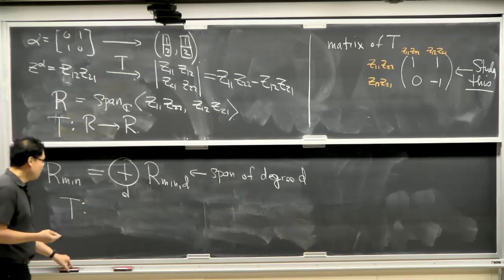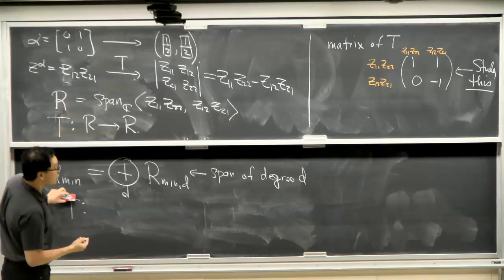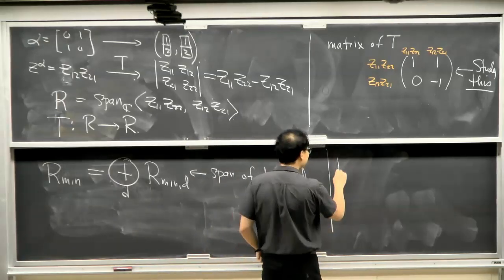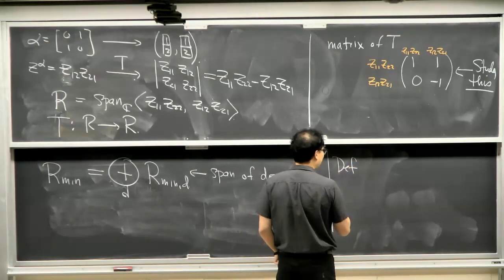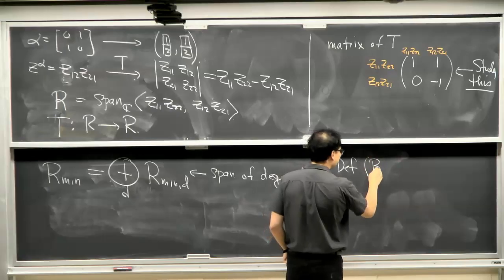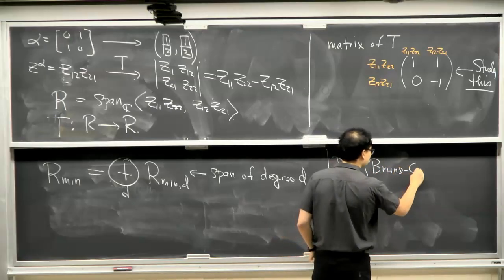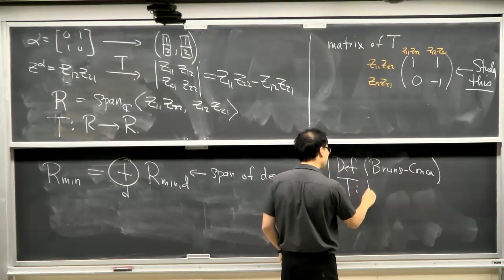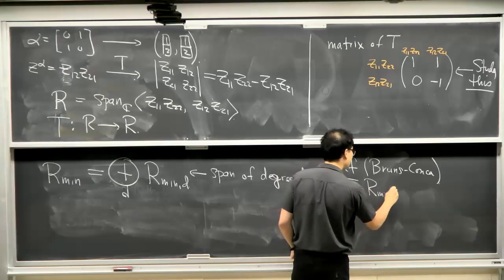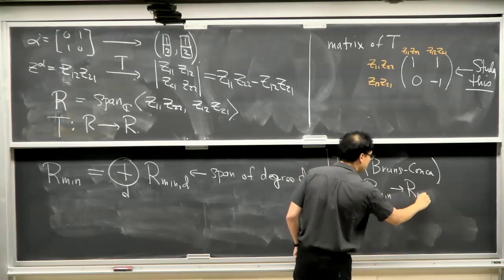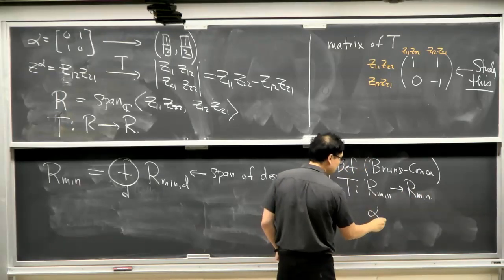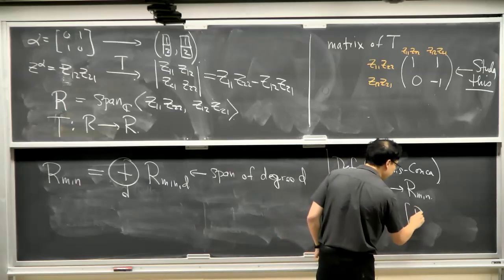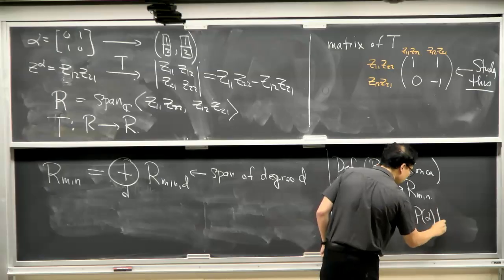oh, sorry. I should explain the definition. The definition in general is due to Brunson-Hanka. It's going to be a map T from R_mn, and it's just going to send c^alpha to the bitableau [P(alpha), Q(alpha)].